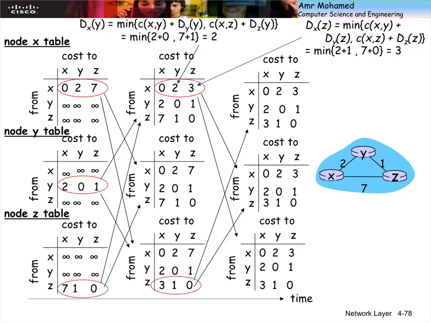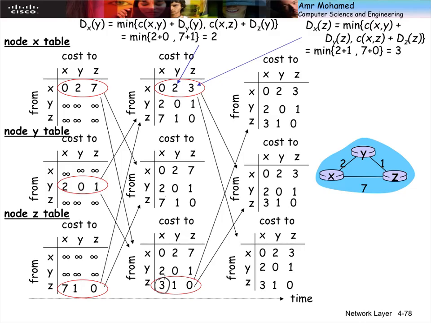Node Y here does not change anything based on what it has, because it already has the minimum cost and nothing needs to be changed. And node Z will have to do the same. Node Z updates its distance to X, of course, similarly to node X.